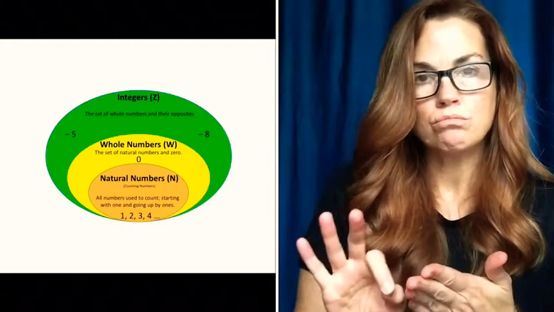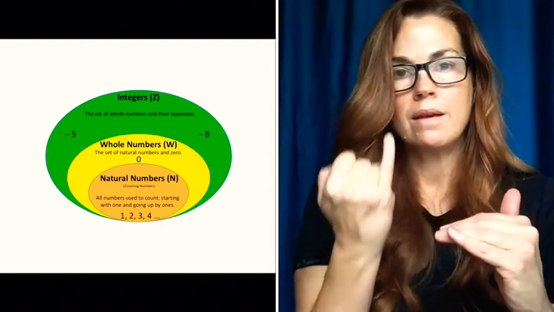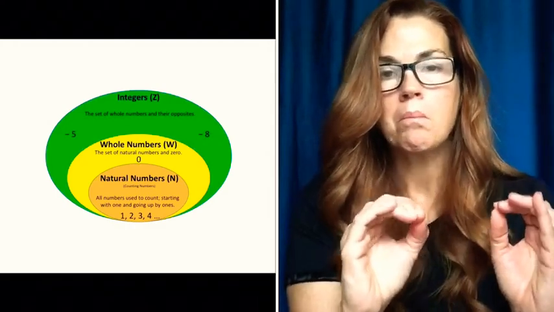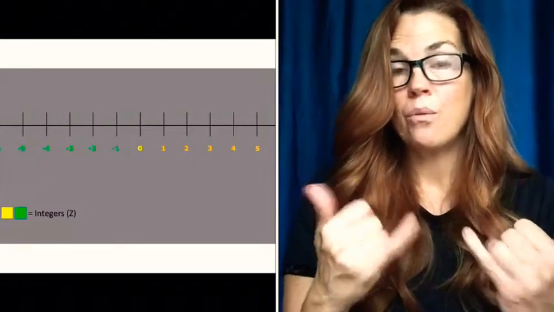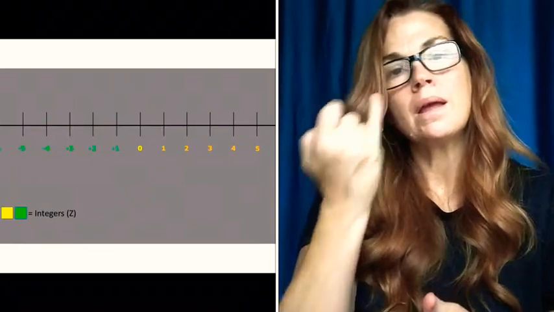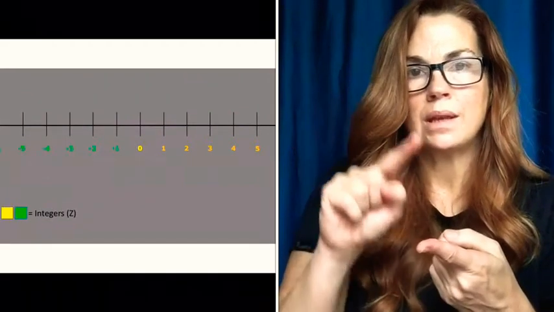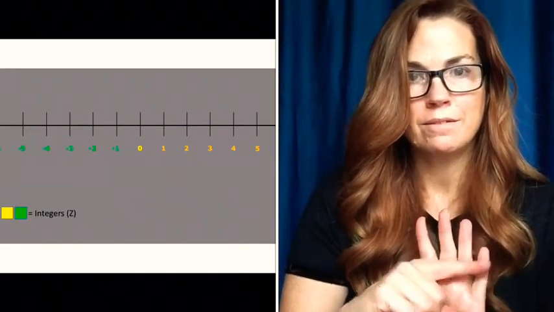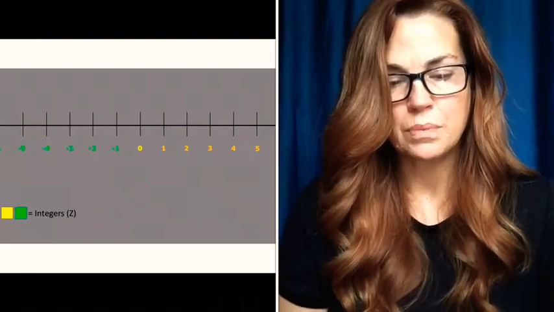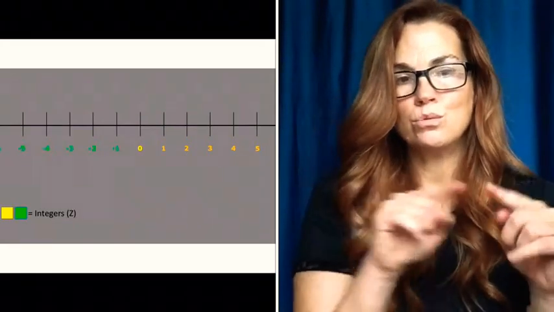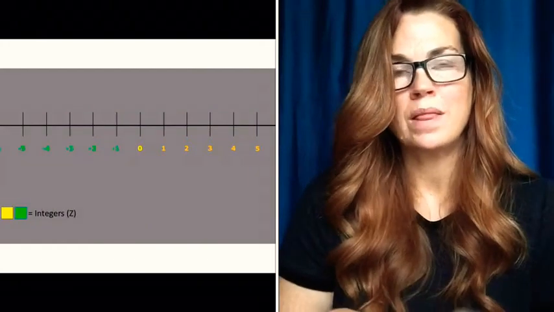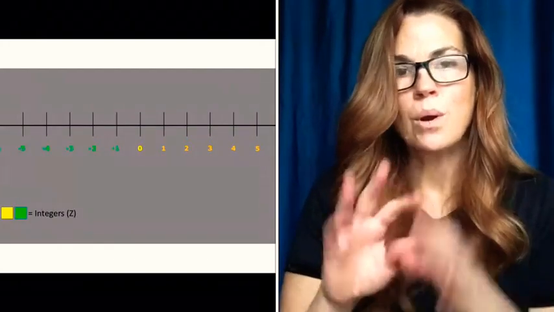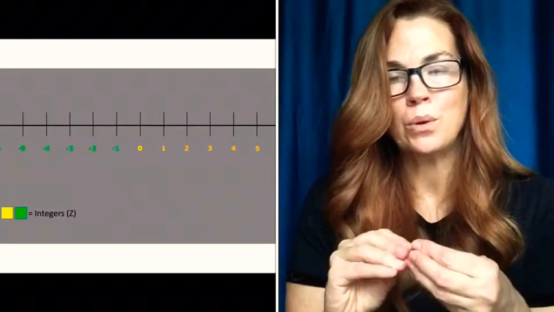And then now to count down or show the loss of something, we now have negative numbers. On this number line, you can now see all of the natural numbers in orange, the inclusion of 0 to show whole numbers, and all of their opposites in green. These are all integers, which includes natural numbers and whole numbers and their opposites.